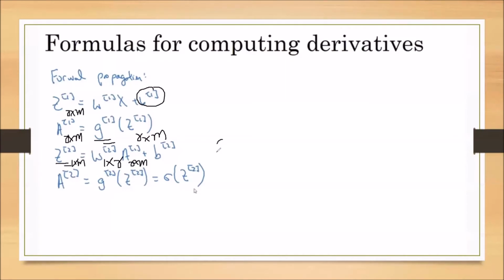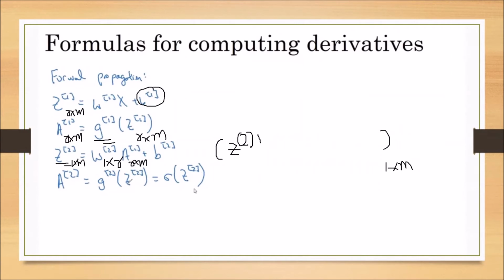So in this Z2, we have M elements. Each element, for example Z2 superscript 1, is the Z2 of the first training sample. Similarly, we calculate for M training samples.